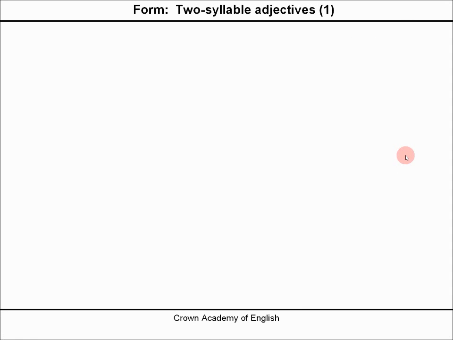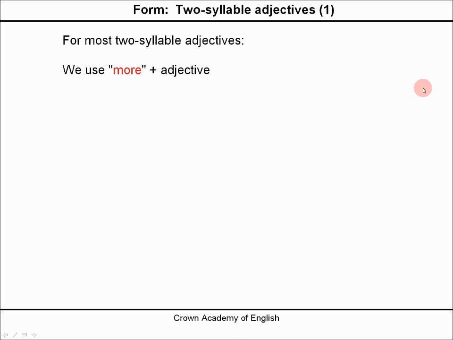Two-syllable adjectives. So for most two-syllable adjectives, for most cases, we use the word more before the adjective. So this time the comparative adjective is in fact two words.